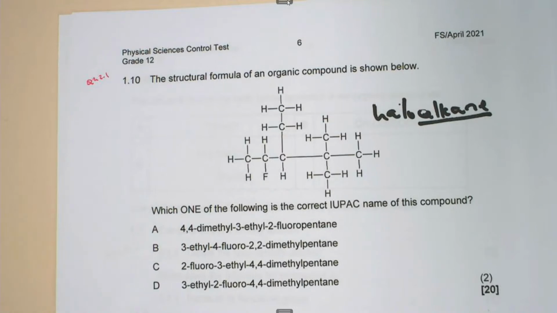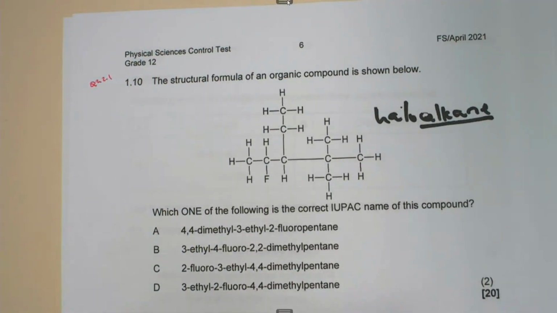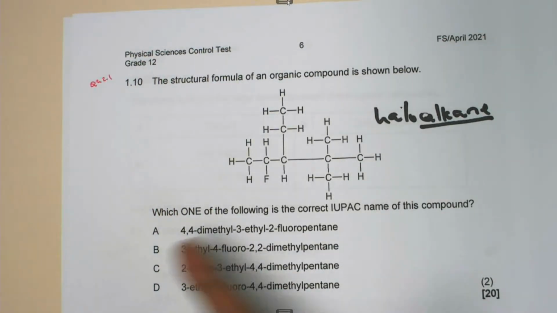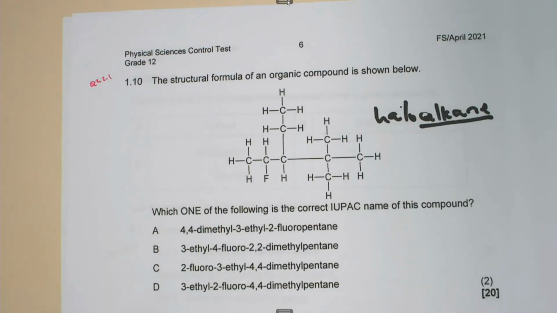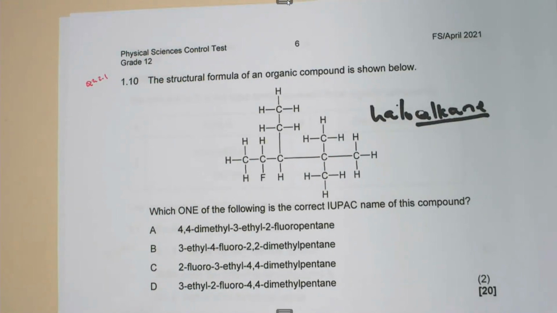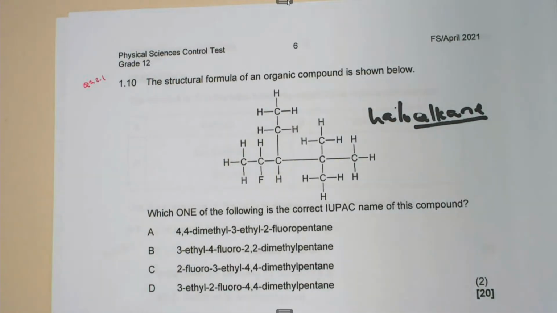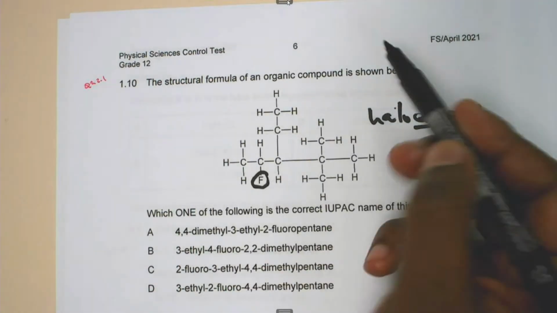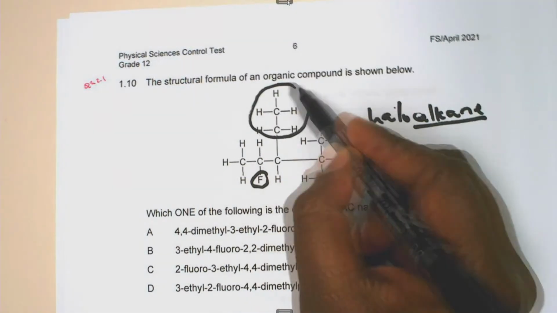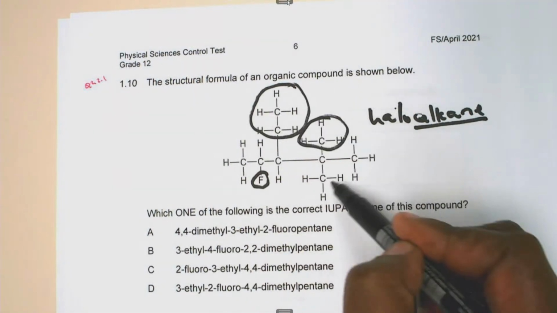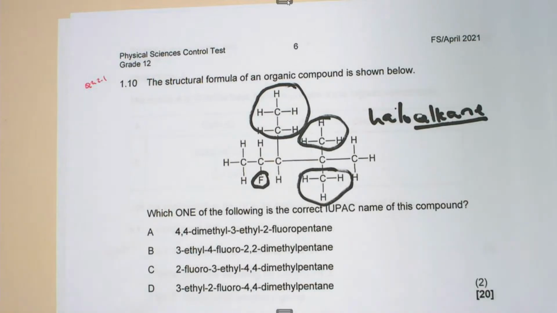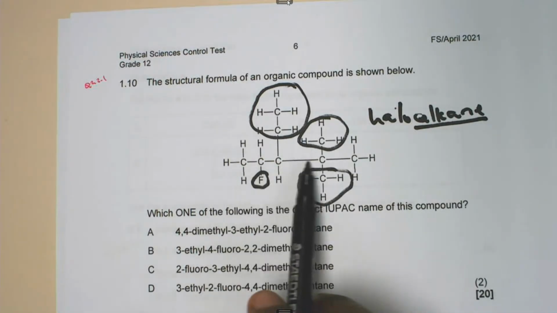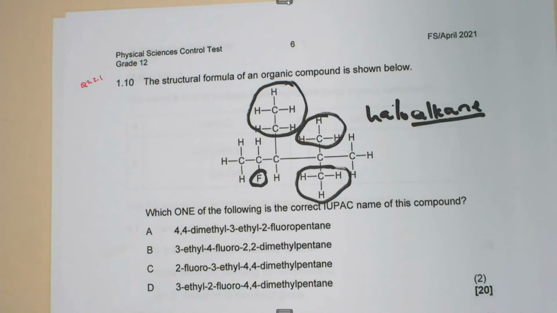So in other words, you are still going to count the longest carbon chain, and then we are still going to start counting the number of carbon atoms from the side closest to the branch. So if you count the longest carbon chain, our fluorine, our ethyl, and these methyls will now become the branches, because we are going to have 5 carbon atoms in the longest carbon chain.